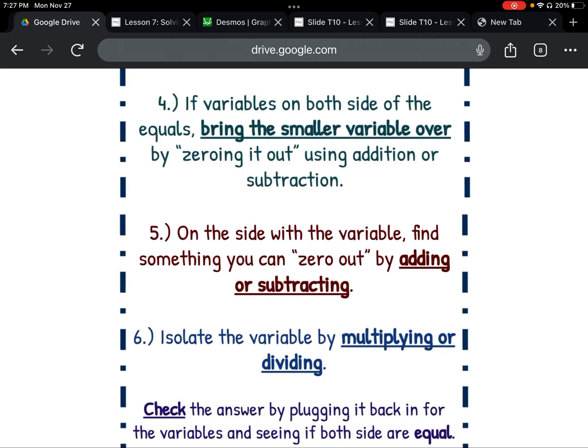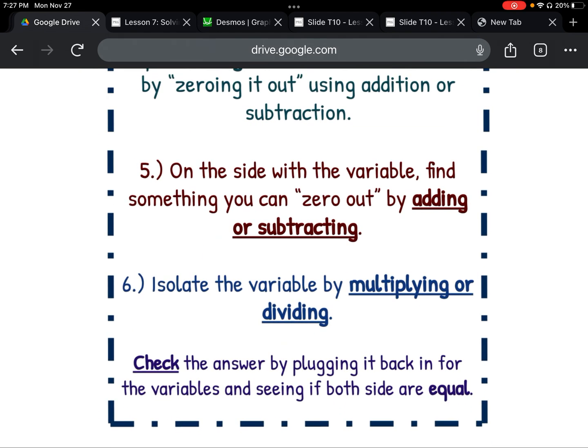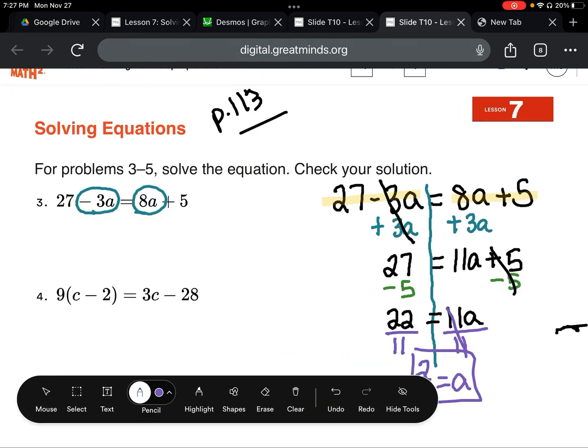Lastly, it does suggest or recommend to check your answer by plugging your answer in for the variables and seeing if both sides are equal. So into the original equation, instead of writing a, I'm going to write 2. So 27 minus 3 times 2, does that equal 8 times 2 plus 5?